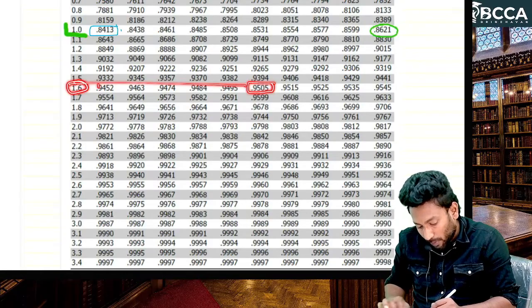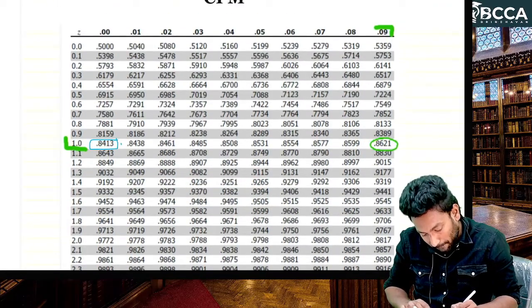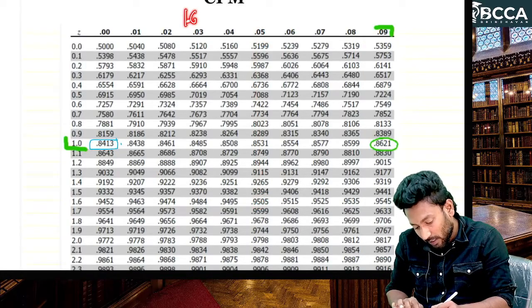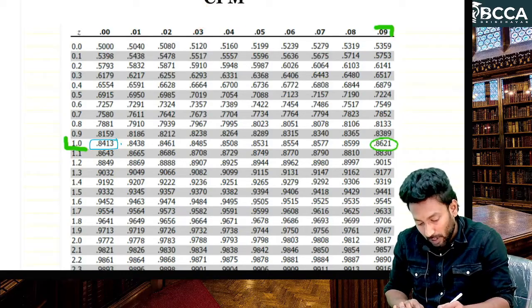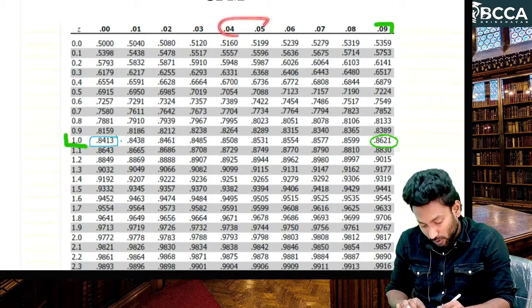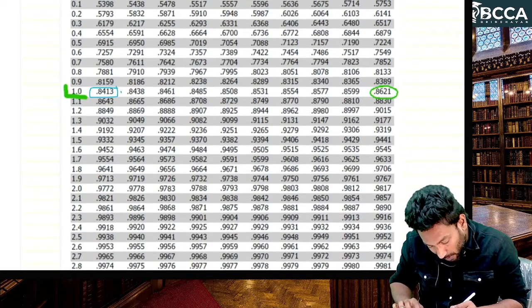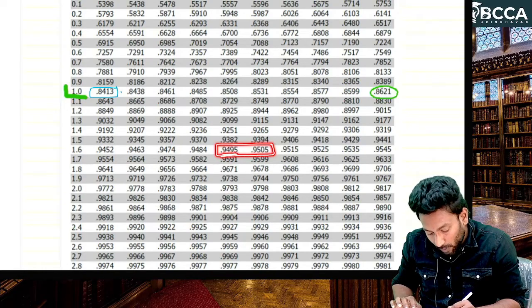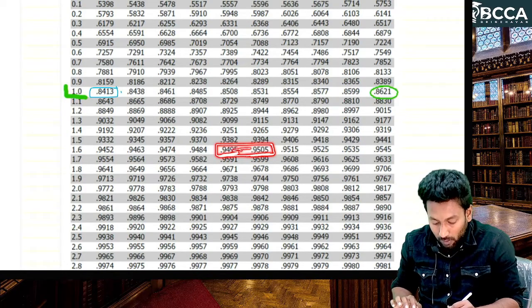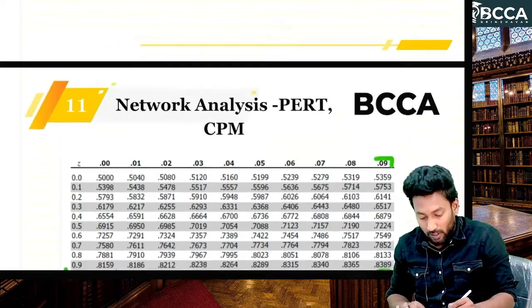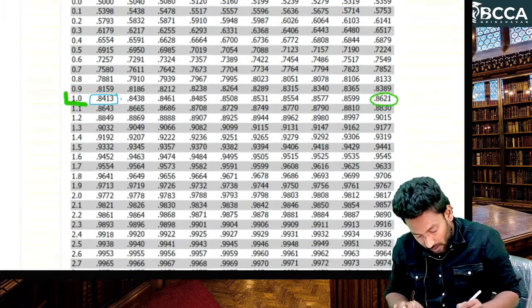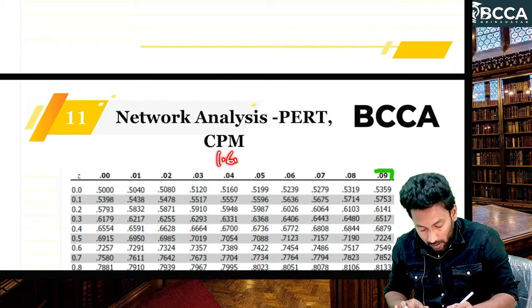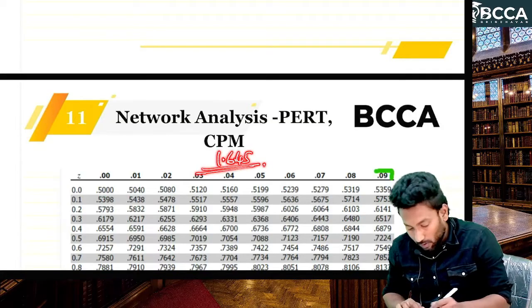Here 1.6, here 0.5. That means 1.65 is the probability, but actually we have it in between 0.04 and 0.05. Our required probability, 95, would be in between 94.95 and 95.05. So you can take 1.645.